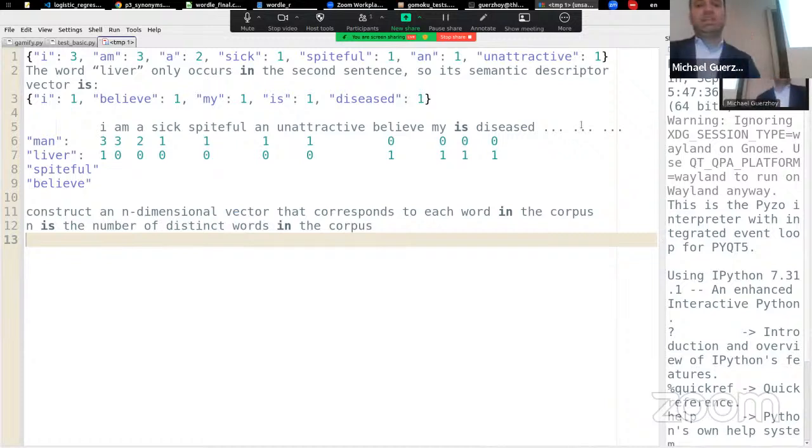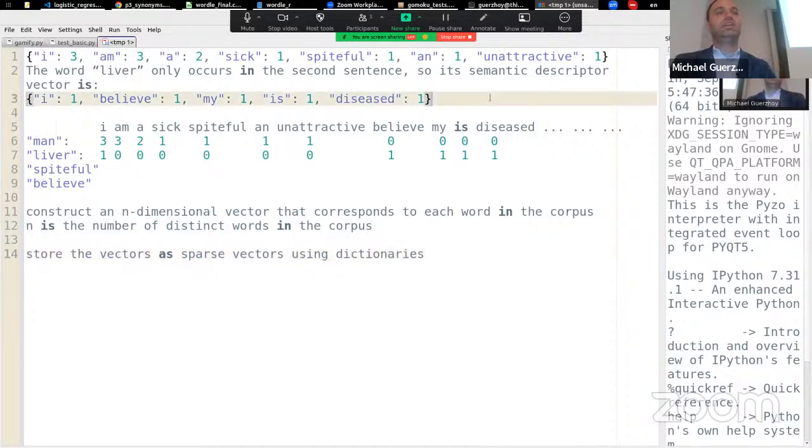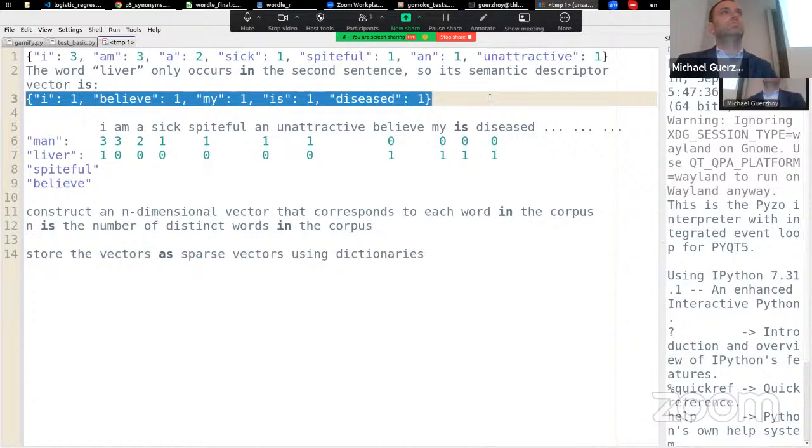So what we do instead is we store those vectors as sparse vectors using dictionaries. So like this. Make sense?